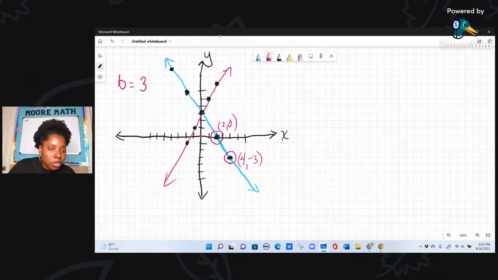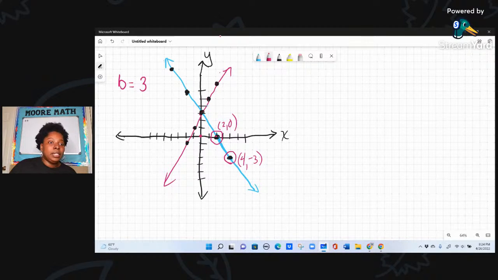Starting at the point 2, 0, we went 2 to the right. The right is your X value. And we went 1, 2, 3 points down.